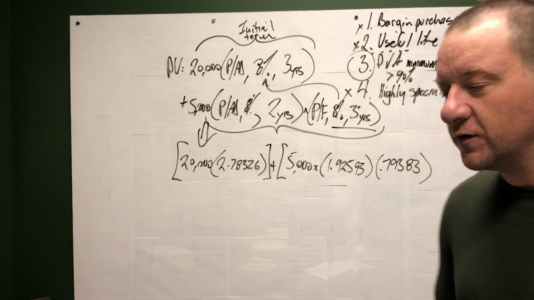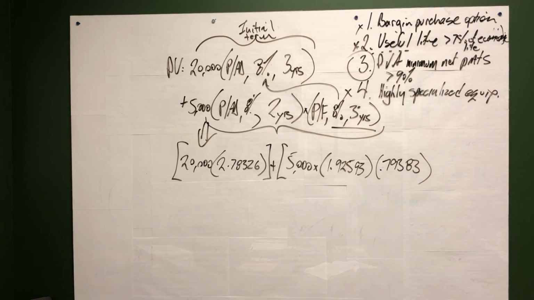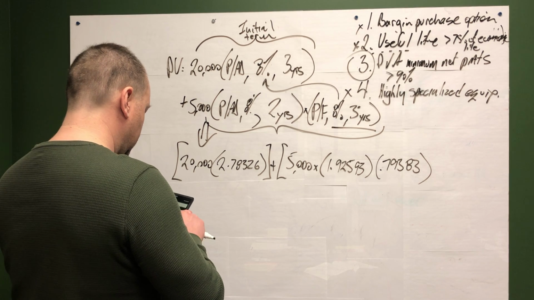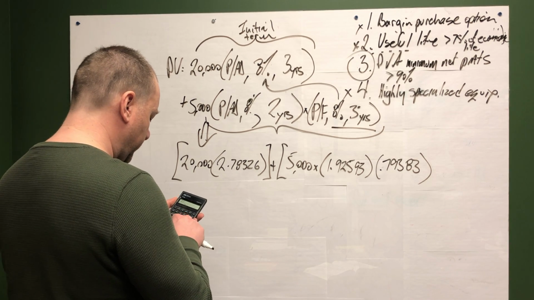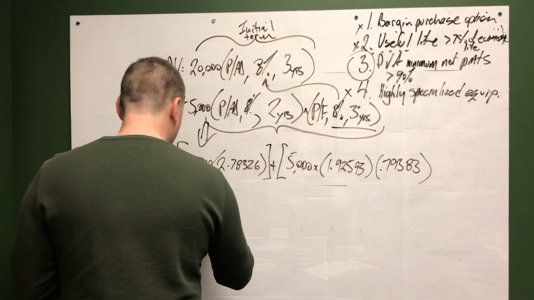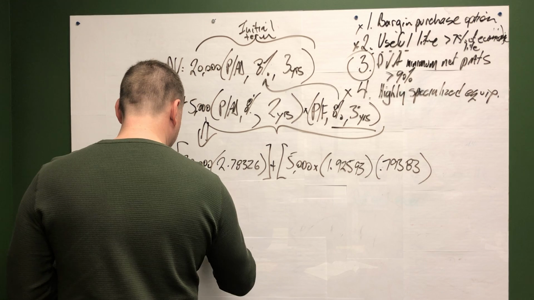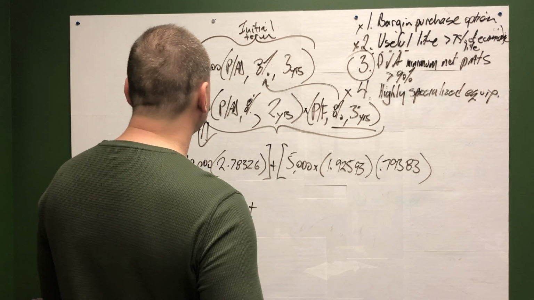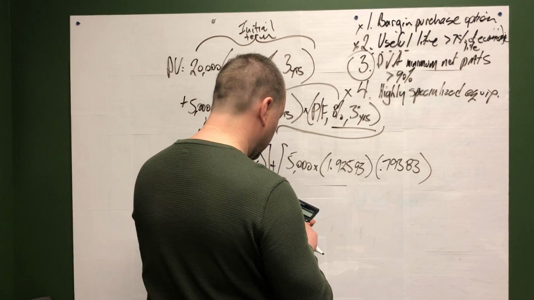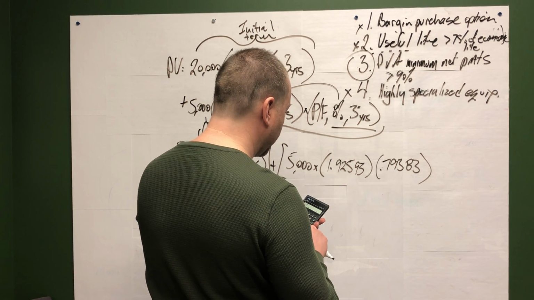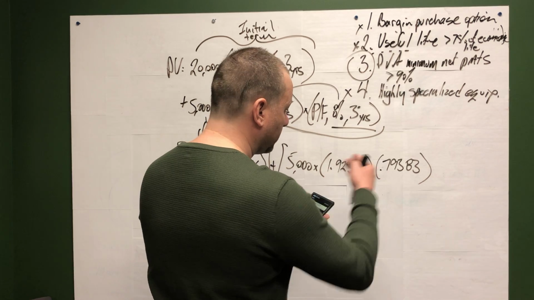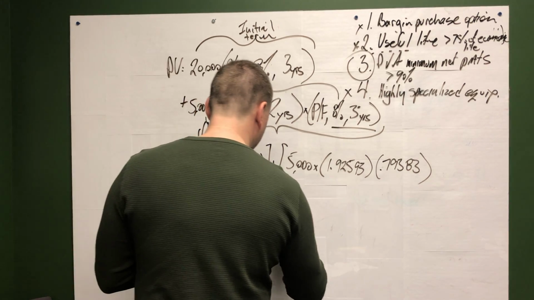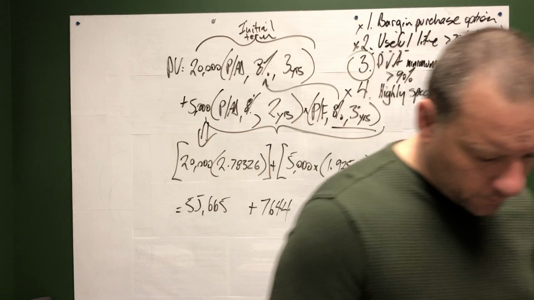So let's multiply all this information. 20,000 times 2.78326 equals 55,665, plus 5,000 times 1.92593 times 0.79383, which is 7,644.